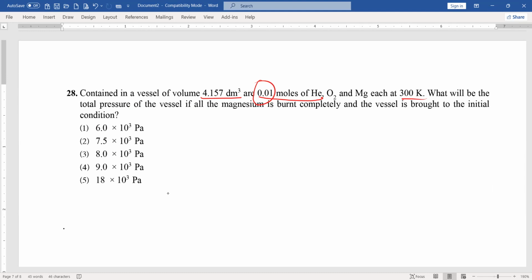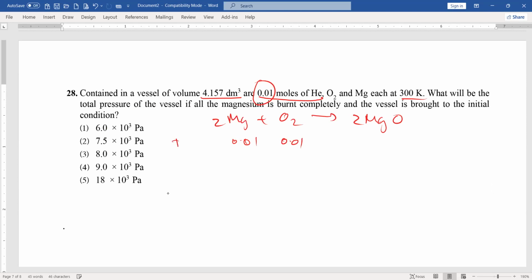Here, the magnesium will react with oxygen inside, giving magnesium oxide. We have 0.01 moles of each, 0.01 of magnesium and 0.01 of oxygen. Balancing, it is a 2 to 1 ratio between magnesium and oxygen.